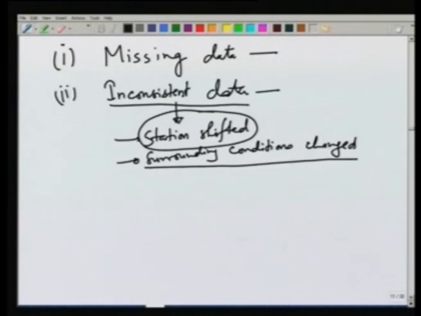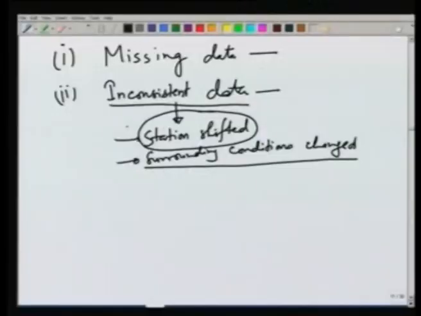For example, obstructions may have been constructed near the rain gauge, or the environmental factors, maybe some forest was there and there is a fire which changed the nature of the surrounding area. So, all these will cause some inconsistency, meaning the data before that change and after that change will not be consistent. And sometimes we may have observation errors also.